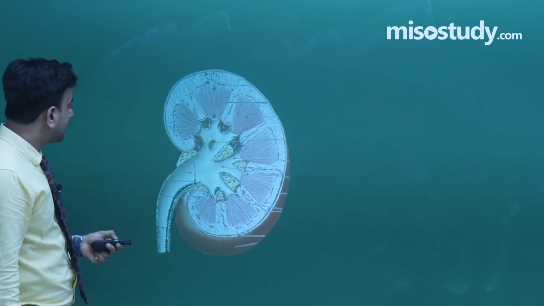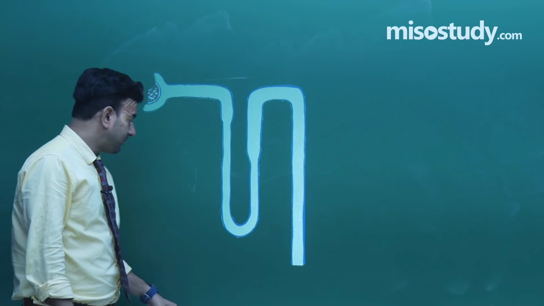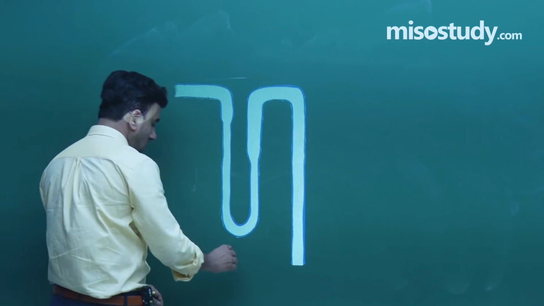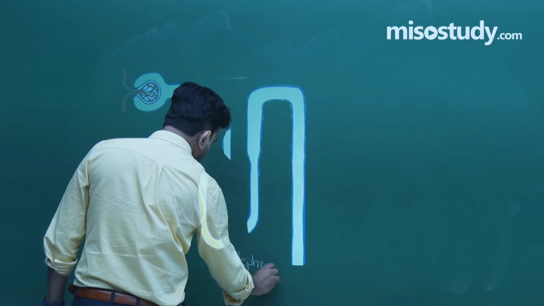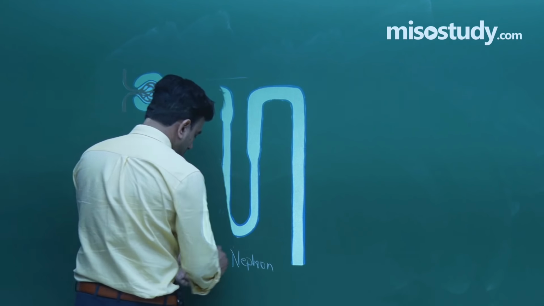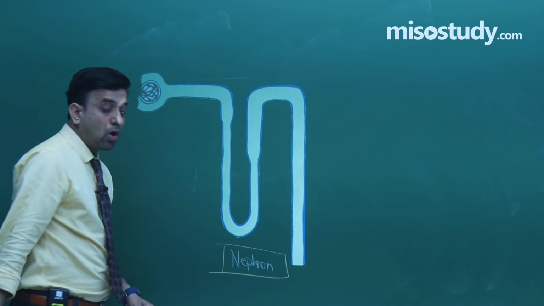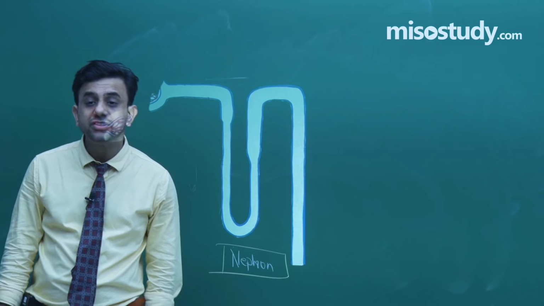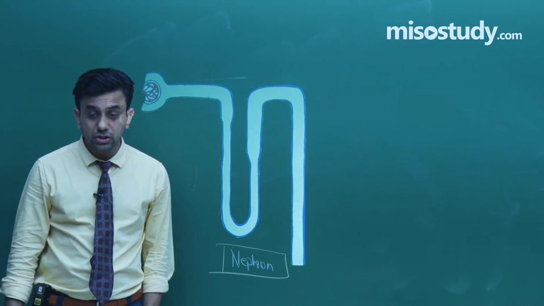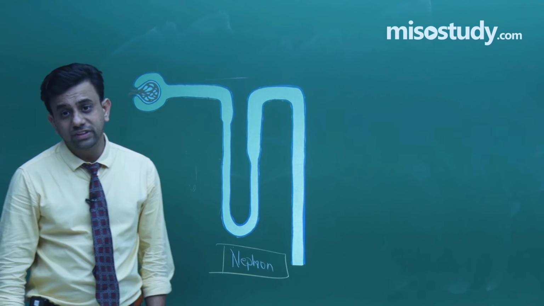So things are clear to you. We move on. Yes, this is the structure of a nephron. A nephron, or a uriniferous tubule, is the structural and functional unit of the kidney.